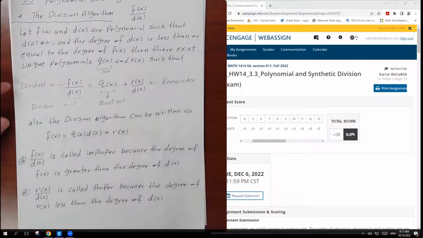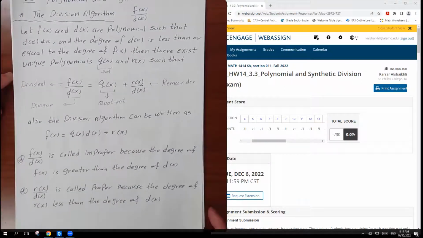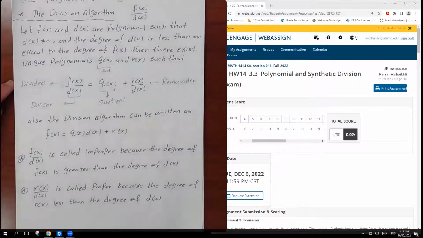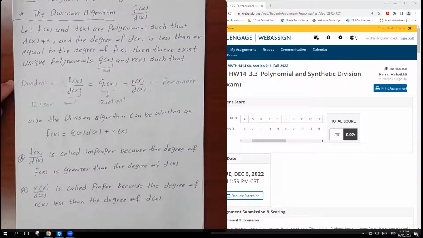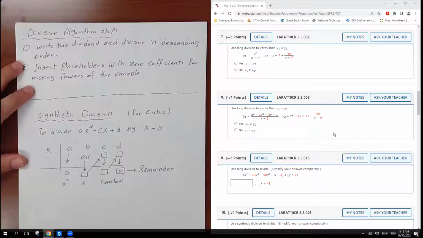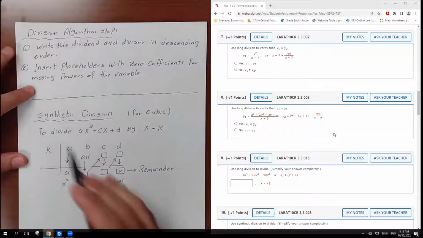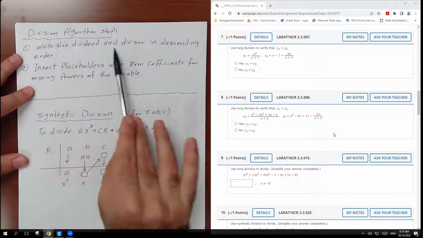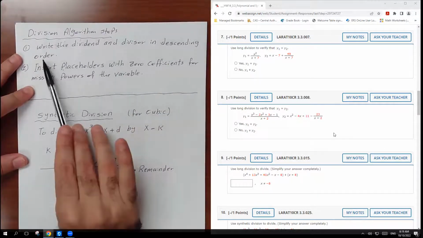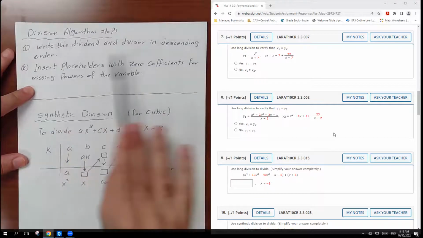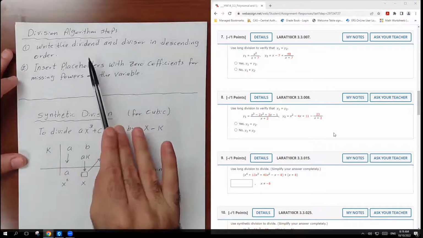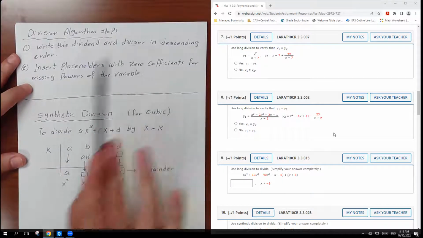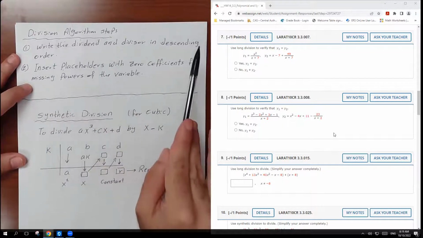The next part, we're just going to take examples of how to use the long division. To use the division algorithm, the first thing, write the dividend and the divisor in descending order. That's a really important thing. Before you start, write them from the highest exponent to the lowest exponent.